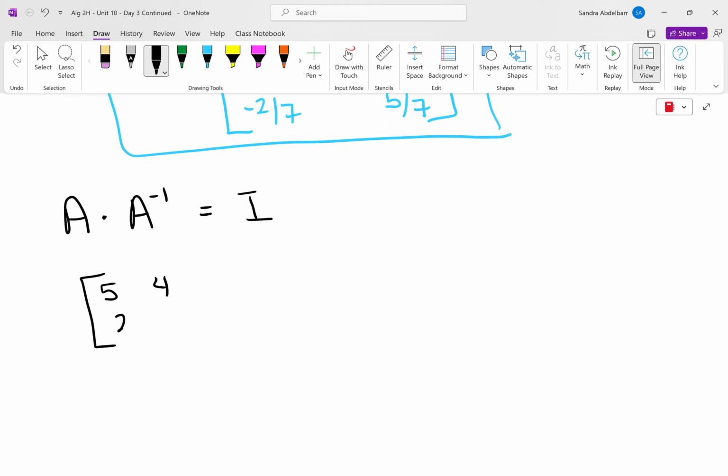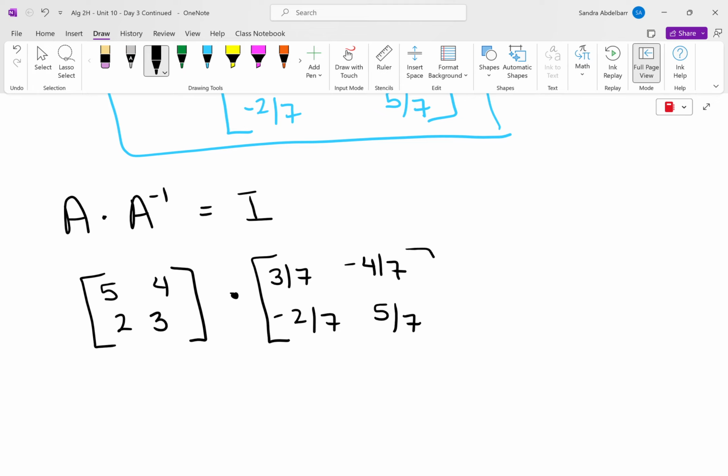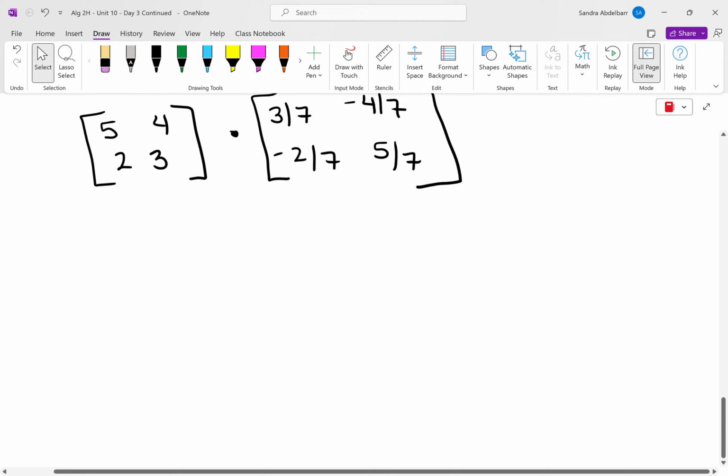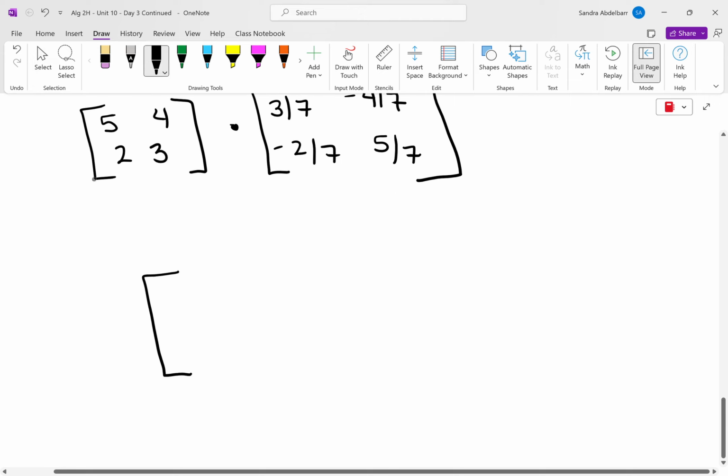So my matrix A is 5, 4, 2, 3 times my inverse matrix, which is 3 over 7, negative 4 over 7, negative 2 over 7, 5 over 7. So we have a 2 by 2 times a 2 by 2. Do we all agree our product will be a 2 by 2?